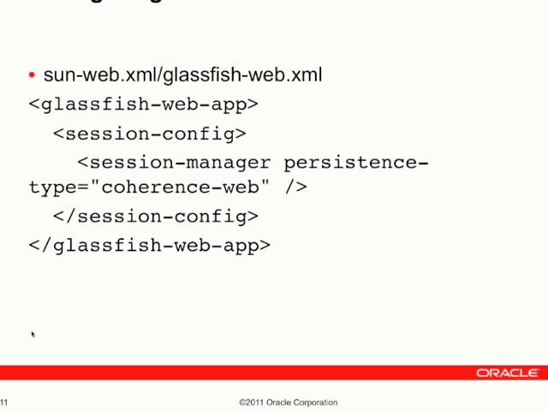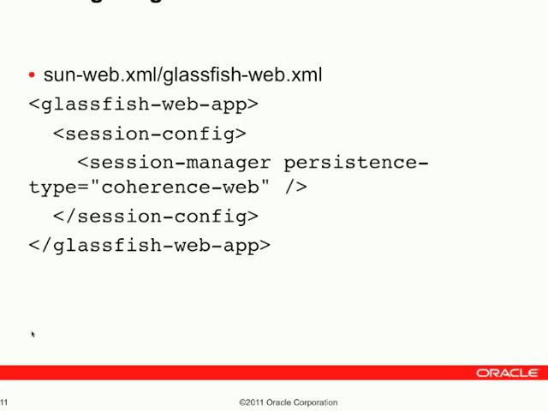Now, configuring a Coherence Web-enabled WAR entails providing an entry in the proprietary deployment descriptor in your web archive. New to 3.1 is the glassfish-web.xml, or you can use the previous sun-web.xml.